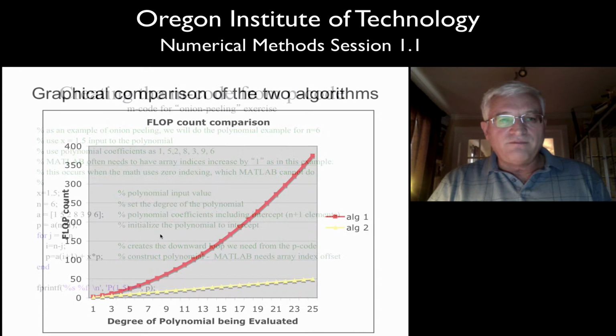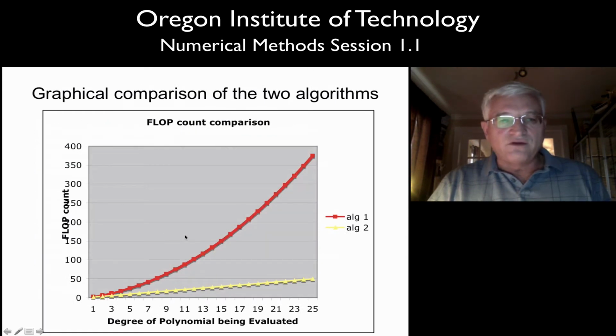And if you compare those two algorithms, what I call the onion peeling algorithm and the straight one, and if you plot what we call flops, floating point operations is what that stands for, then the old algorithm takes off in a quadratic fashion in terms of the size of the polynomial.